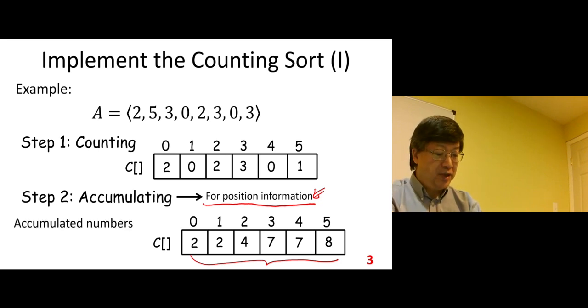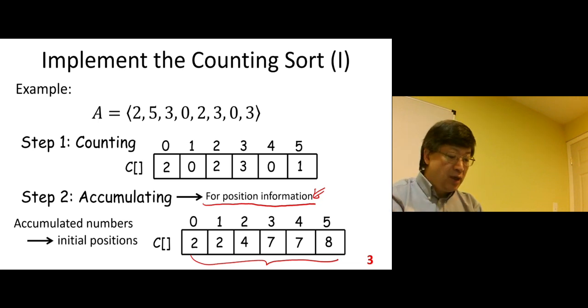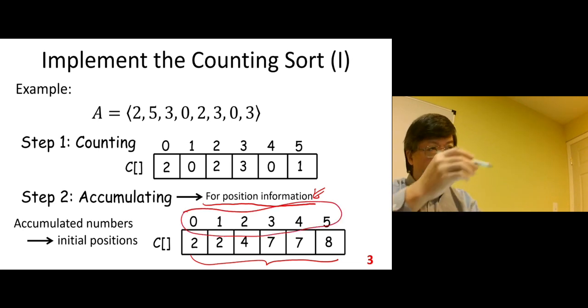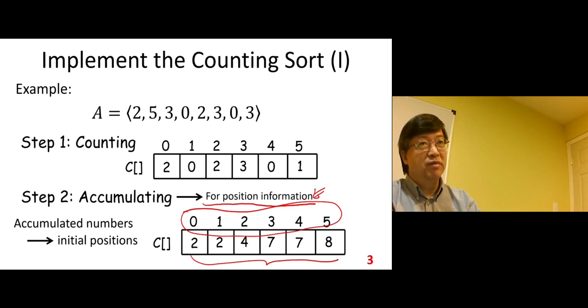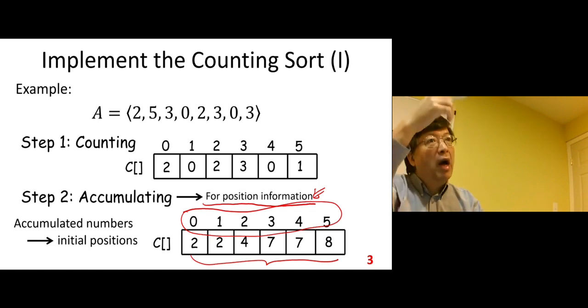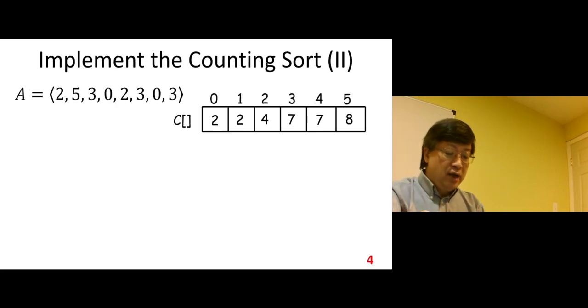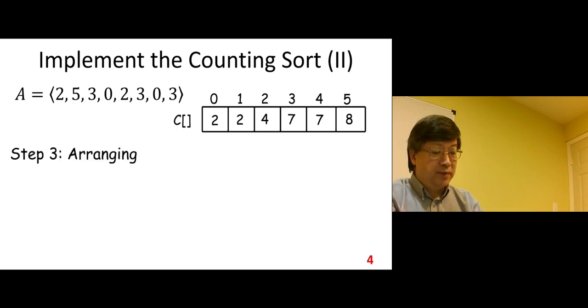First, these accumulated numbers give us the initial positions of the array elements with the values. After that, we keep updating the position numbers until we arrange all the elements. So now, let's do the arrangement.